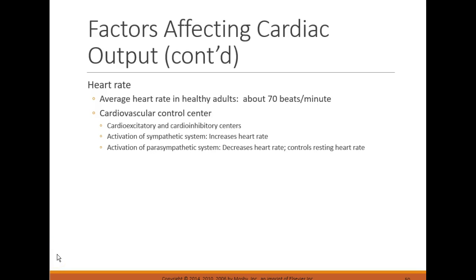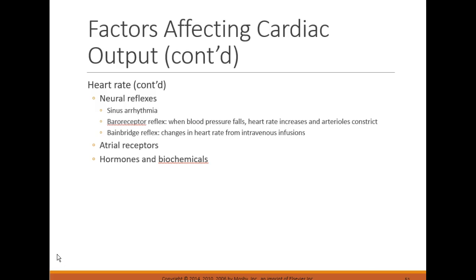The average heart rate is 70. I think most of you already know that. Of course, for younger children, that number's higher. For adults, I should say. We do have baroreceptors that help regulate our heart rate.